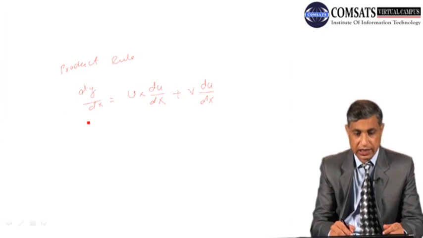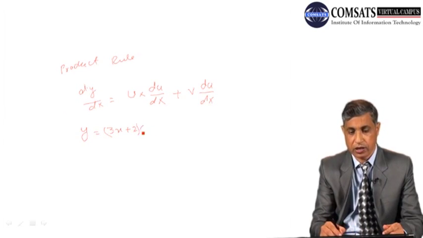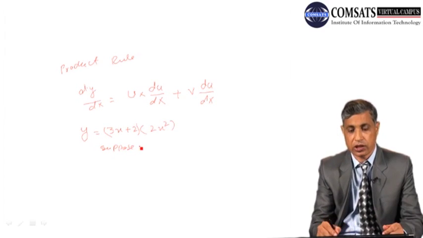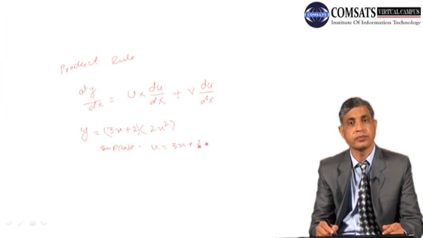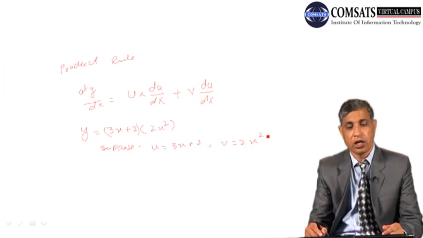Suppose we say that y is equal to 3x plus 2 multiplied by 2x square. Now what we do, we suppose that u is equal to 3x plus 2 and v is equal to 2x square.